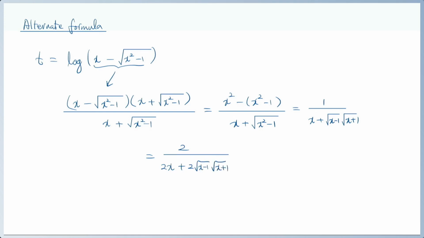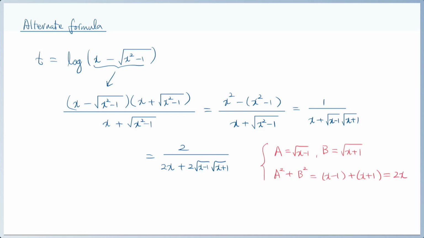Then if you set a to be root x minus 1 and b to be root x plus 1, you'll notice that a squared plus b squared is equal to x minus 1 plus x plus 1, which is equal to 2x.